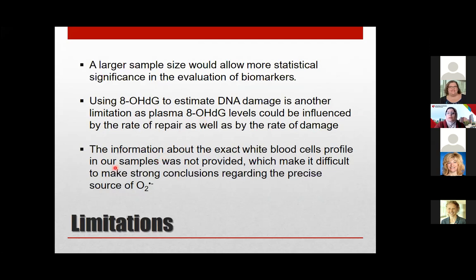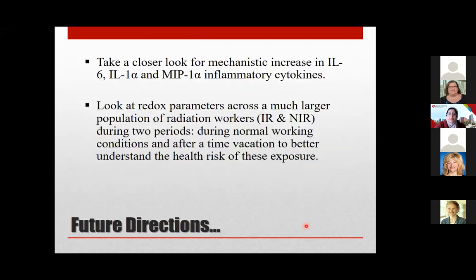And the information about the exact white blood cell profile in our samples was not provided, which is needed to make a strong conclusion regarding the precise source of superoxide. These are the limitations in our study.